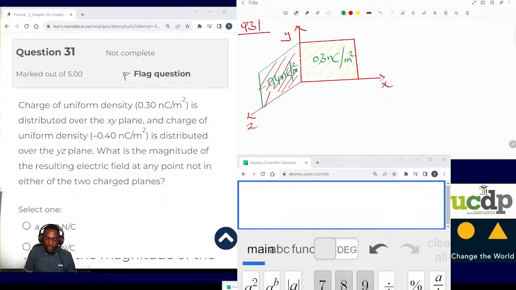We have to use our knowledge of Gauss's law. What do we say now? We know that when considering a single plane, if we were to consider a single plane like this one, and we put our Gaussian surface, which protrudes on both surfaces, right?